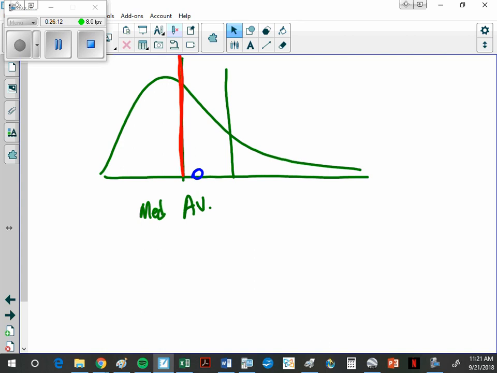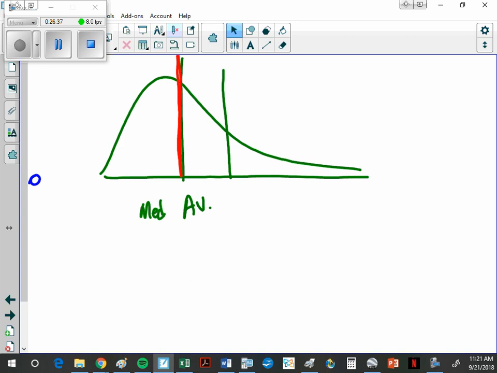Okay, so what if I take this person and I move him there? The median will move half a person to the left, right? If we move two people, it would move one person. And then the average is going to slide just, they're both going to slide just a little bit that way. Okay, now if I take this person and I move him over here, what happens to the median? Nothing.